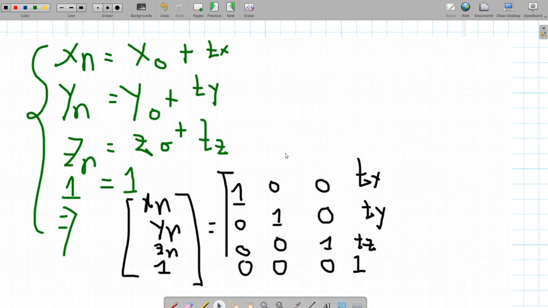So here we go, and multiply this with your original point, which was defined by x old, y old, z old.